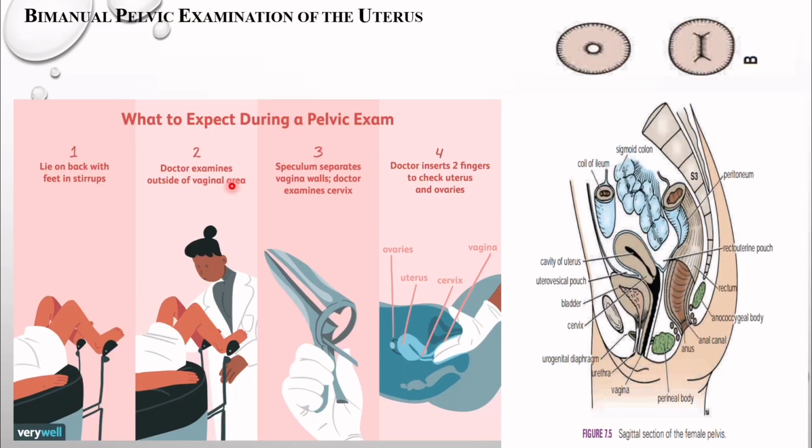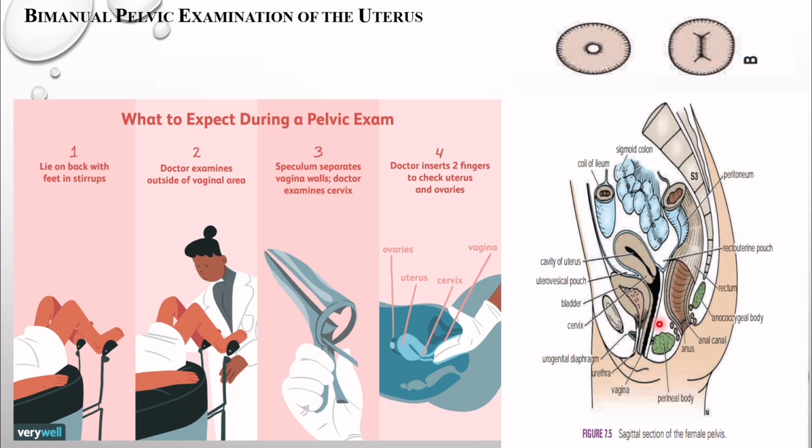Then we have vaginal examination. If we were to do a vaginal examination, what would we see? In the upper third, anteriorly we'll feel the posterior surface of the bladder, then posteriorly the ampulla of the rectum.